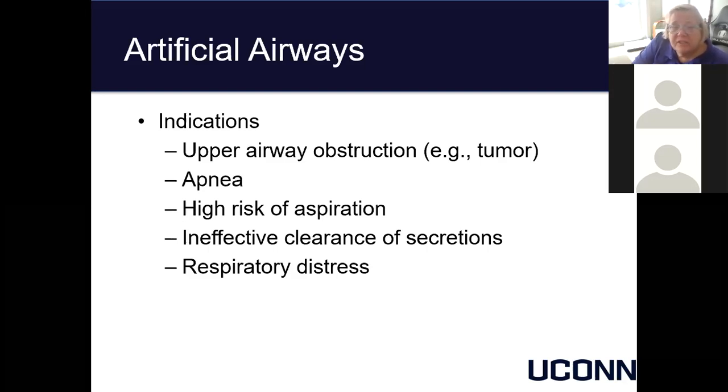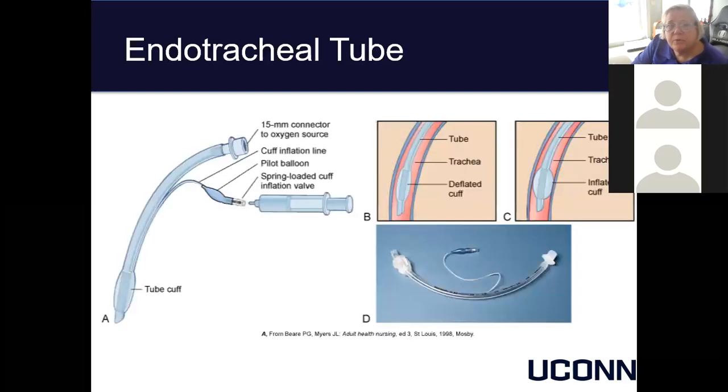Mechanical ventilation can support that. High risk of aspiration, we can help with that as well. If a patient is unable to clear their own secretions, an artificial airway can help with that. And again, just general respiratory distress.